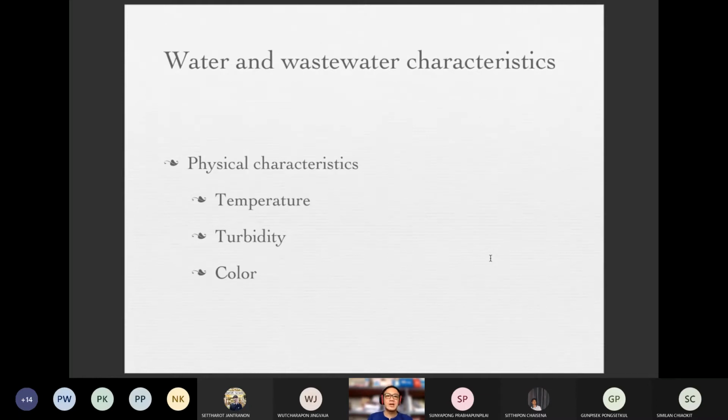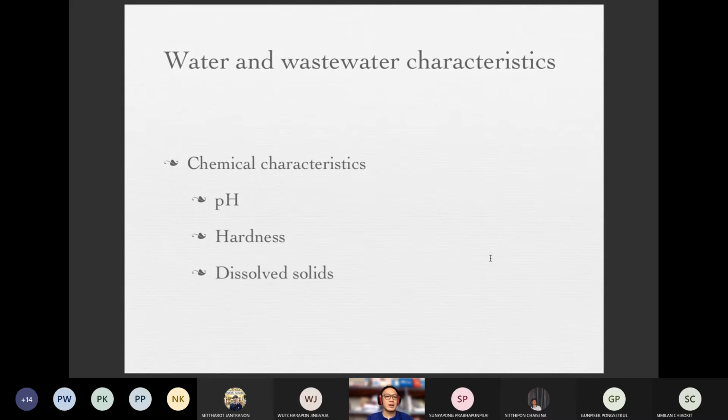For the characteristics of water and wastewater, we can classify them into two or three major characteristics. Physical characteristics means we talk about temperature, turbidity, and probably color.